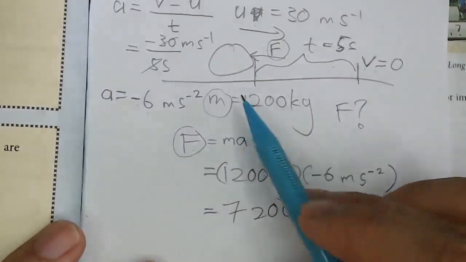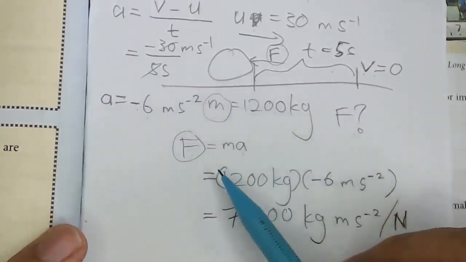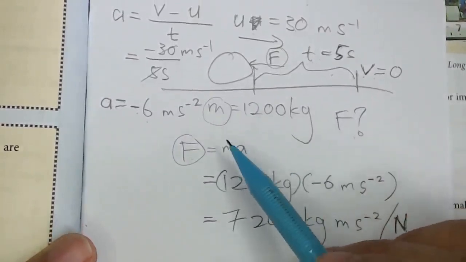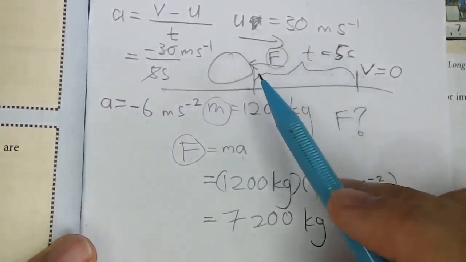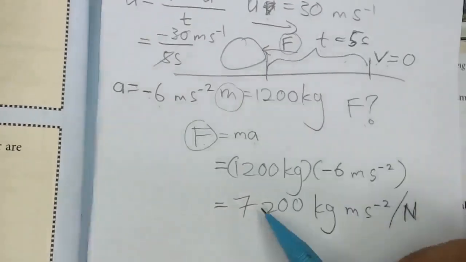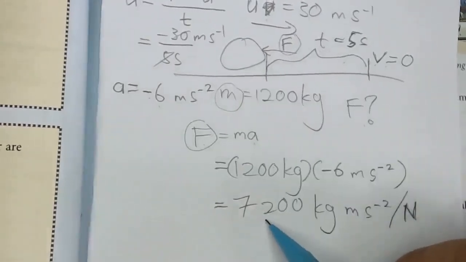I want you to be able to read and try to connect all of them like that. So this force is 7,200.